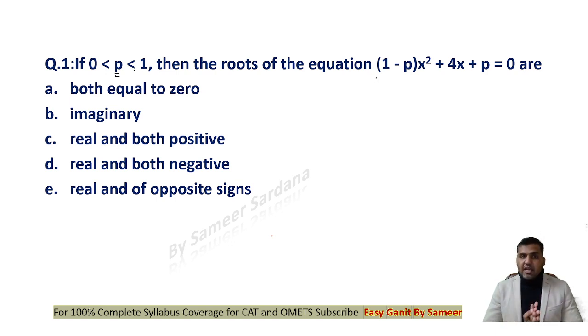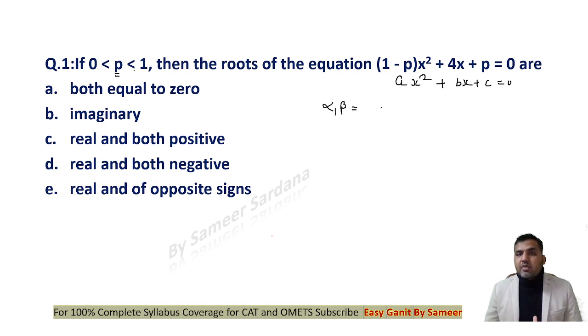See guys, we know that if I want to know the nature of the roots of the equation, I need to look at the discriminant of it, right? If this is a quadratic equation, you can see that if I compare this with the standard quadratic equation ax square plus bx plus c is equal to 0, then the roots alpha and beta will be given to us by minus b plus minus root b square minus 4ac upon 2a.